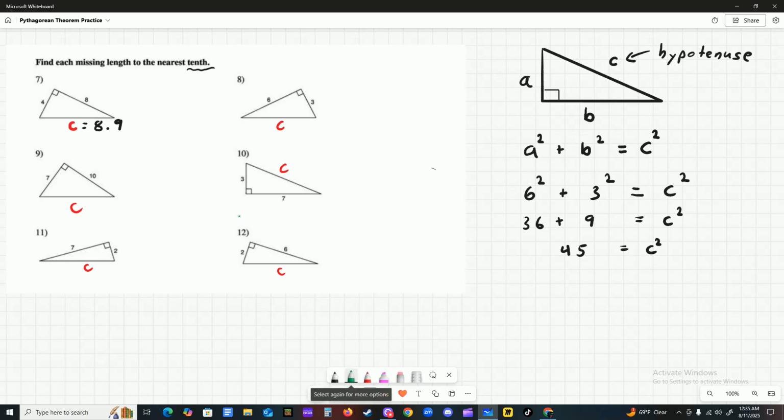So now we're going to take the square root of both sides to get 1 C only, because right now we have C times C, but taking the square root only gives us 1. That gives us C. So it's going to be some number multiplied by itself gives you 45. So let's go to our calculator.